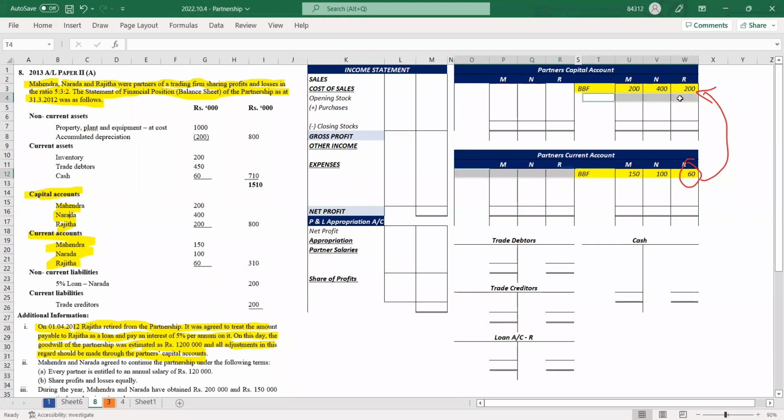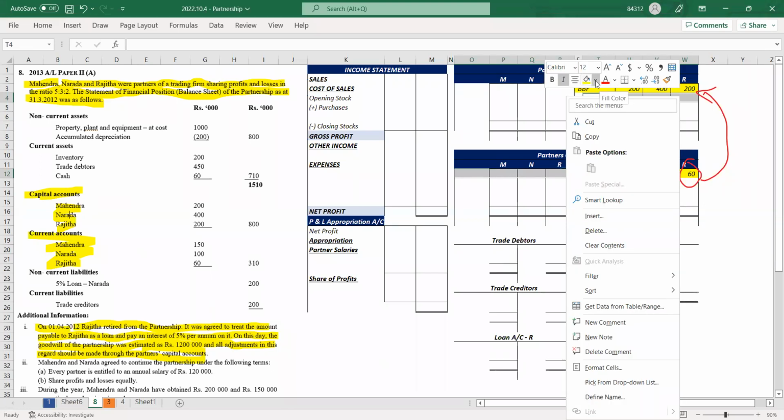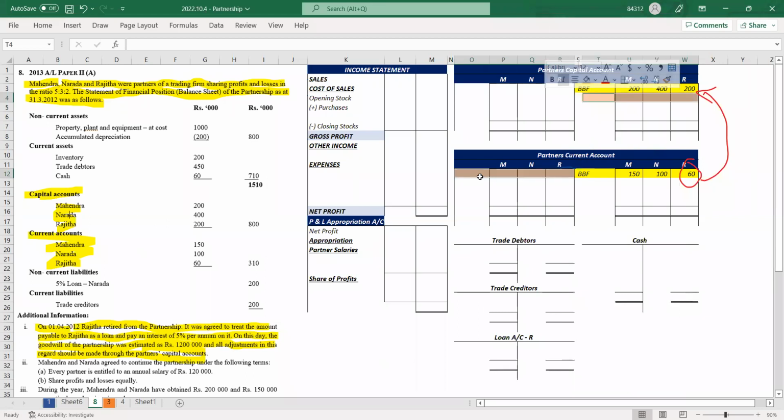So that has to be debited to the current account and credited to the capital account. So there is no balance in Rajitha's current account. We transferred the 60,000 to the capital account.